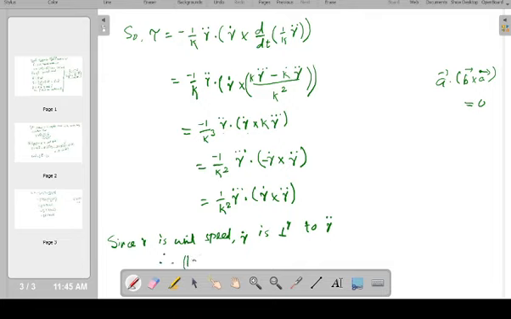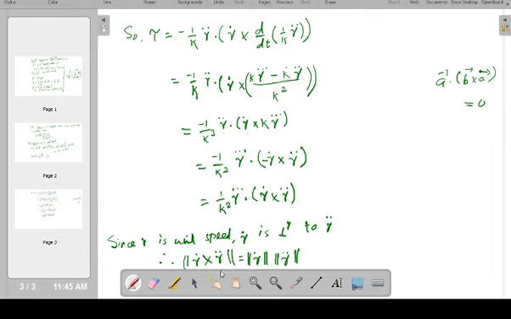Therefore, norm of gamma dot cross product with gamma double dot equal to norm of gamma dot into norm of gamma double dot into sine of the angle between them, its absolute value. So angle between them is pi by 2.